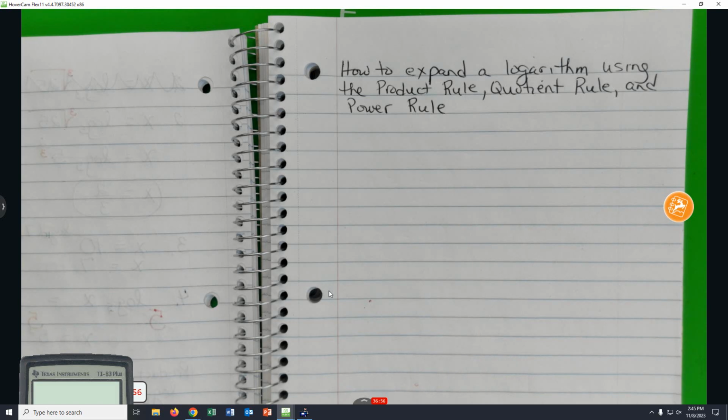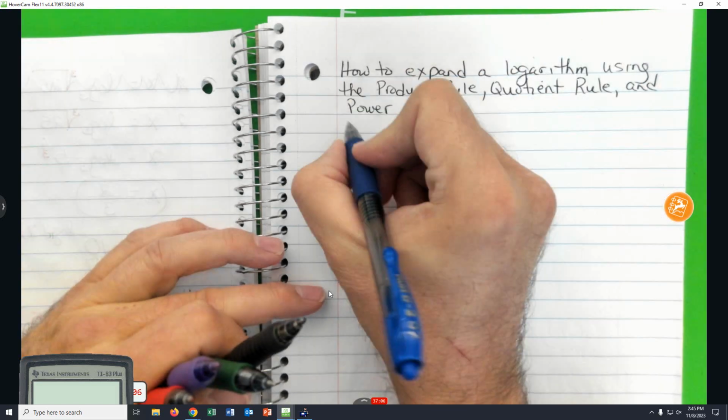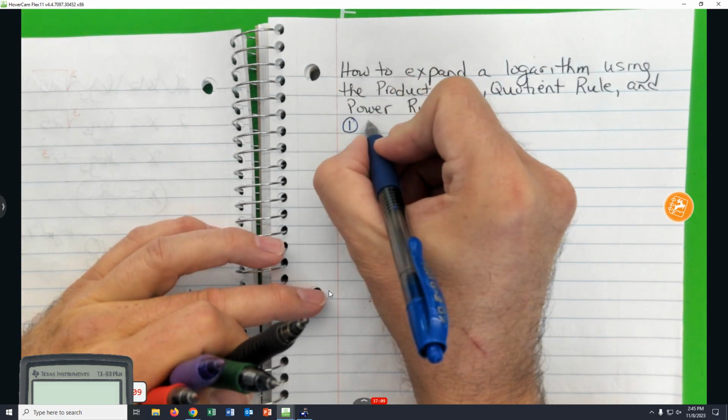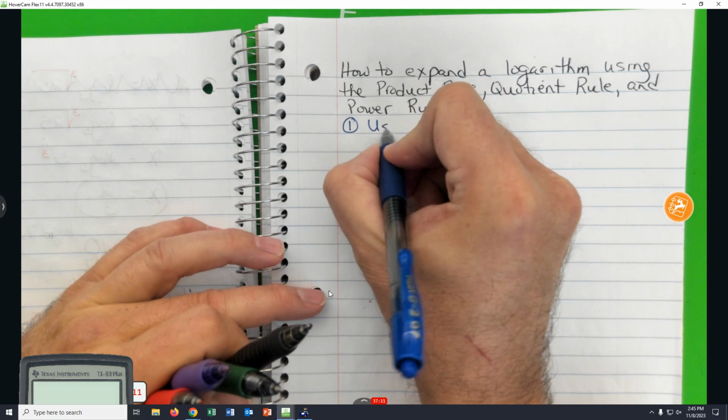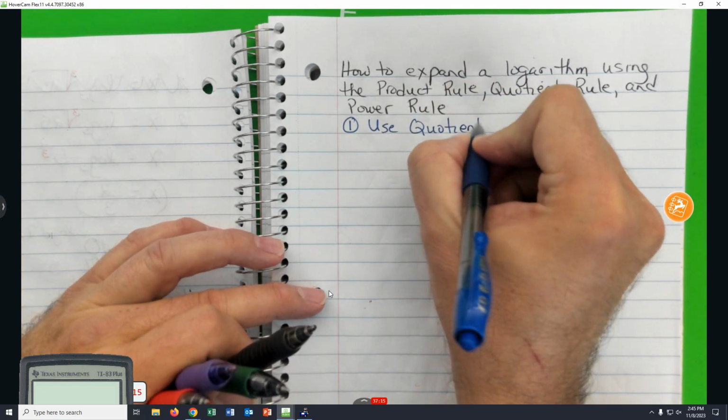And then once I'm through doing it, I'm going to see if y'all could figure out how to do it with just one step. But to realize what we're going to do, there's a sequence, an order to what we're going to do. I stated the product rule first, but really the first thing you'll do is use the quotient rule.